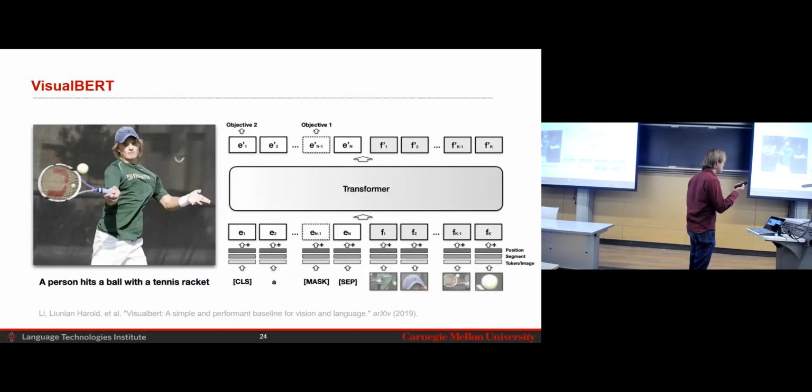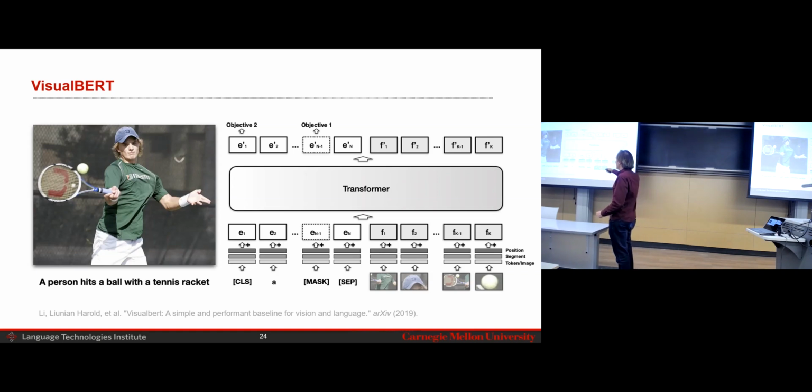So the VisualBERT that came really soon after BERT was mostly BERT. This is BERT. Okay, so the start, and then you have a sentence. Now they're showing the training with the mask objective. And then you have a separator.